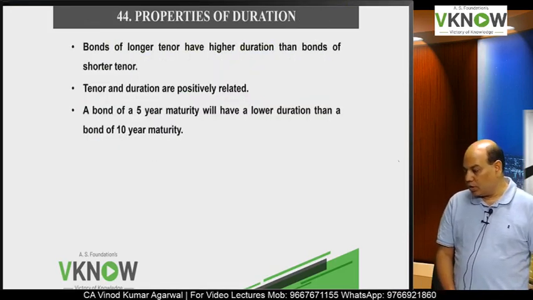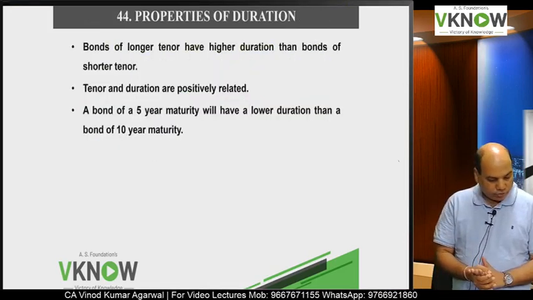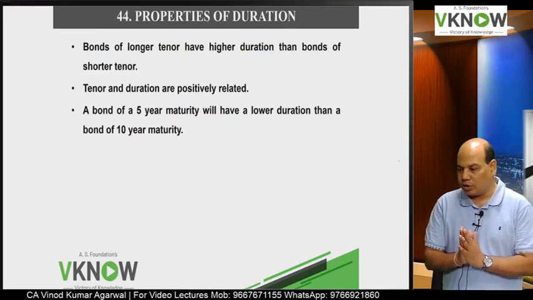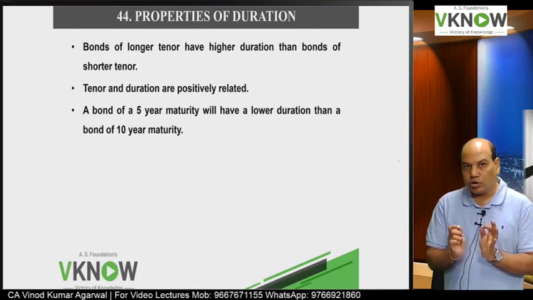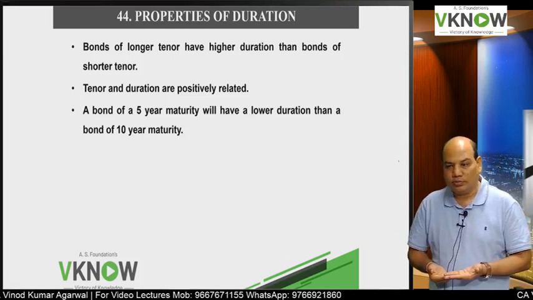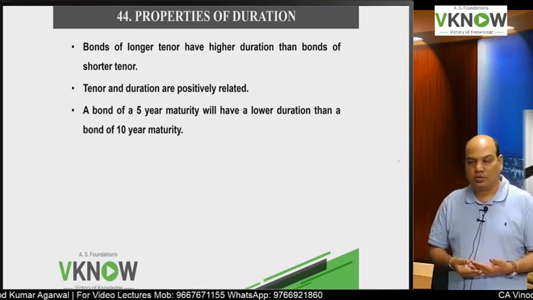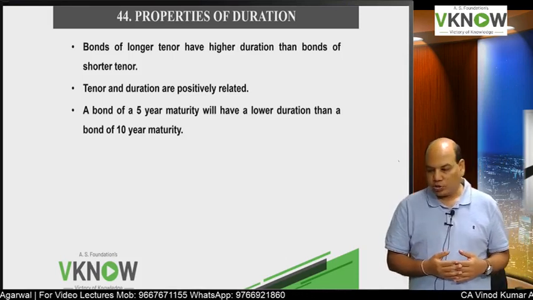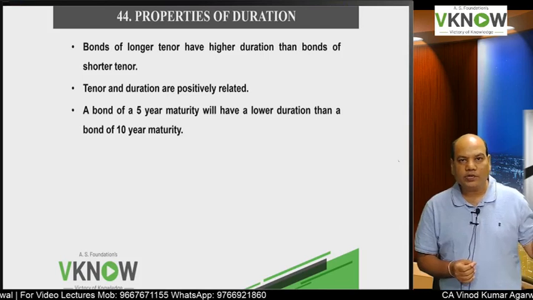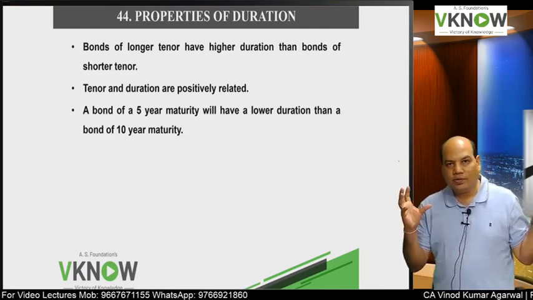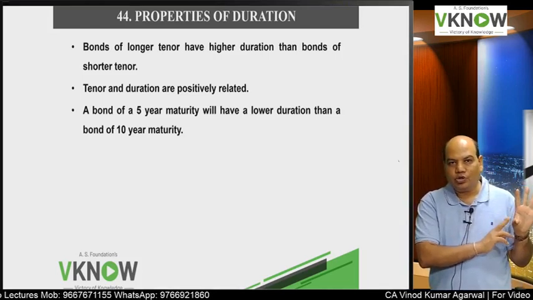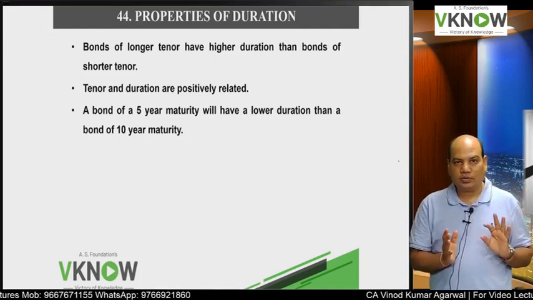Okay. Now the next property, which is in the form of question number 44. It is a property of duration. Bonds of longer tenure will have higher duration than bonds of shorter tenure, which means that if one bond has 10-year maturity, one has 5-year maturity, the one which has got 10-year maturity will have a higher duration.